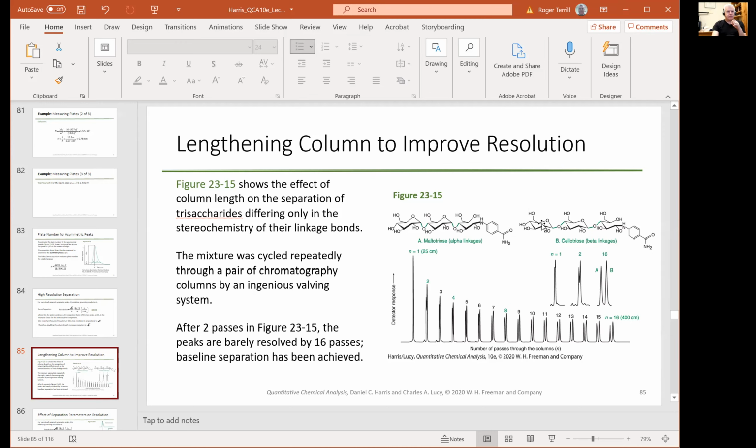But this would not break down at all. In this case, what they did was they cycled it through a GC column, I think, or maybe an LC column, and they cycled it a bunch of times, or here 16 times until they got baseline separation. At 1, they've got a little bit of separation too, and then at 16, they've got baseline separation.